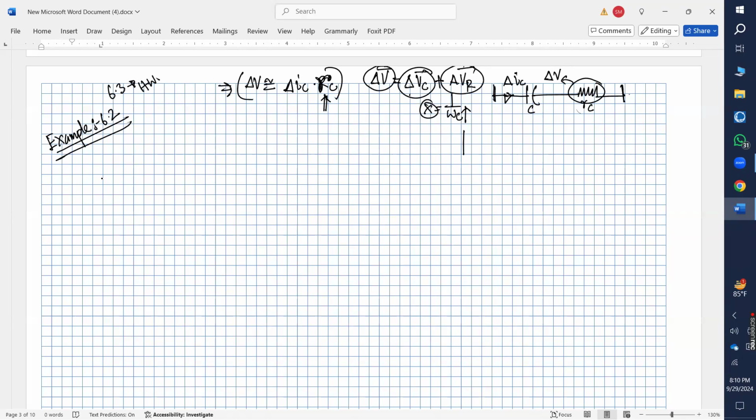Any question? Sir, if we consider a capacitor, we are considering the internal resistance in it, so why would we again consider an external VR? We are not considering an external VR. So suppose the total voltage across it is del V in phasor form. This should be my del VC, right?